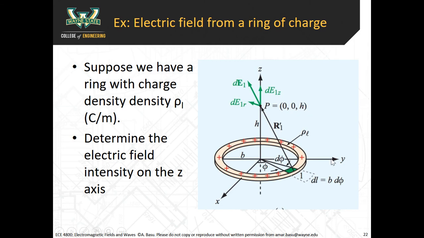Exactly. At every point on the surface, this portion of the ring generates a field in this direction, while directly across the ring, the charge on that side generates a field that is the mirror image of this. So when you add up those fields, just like we did in the problem last time, the lateral fields end up canceling, and you're left with just a z component.